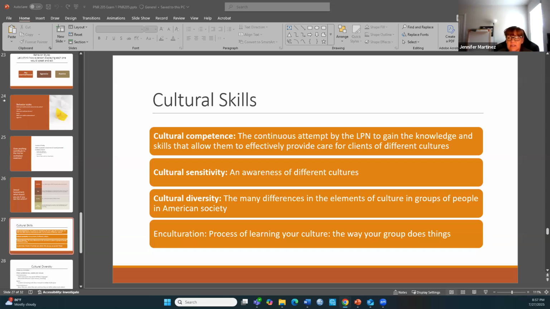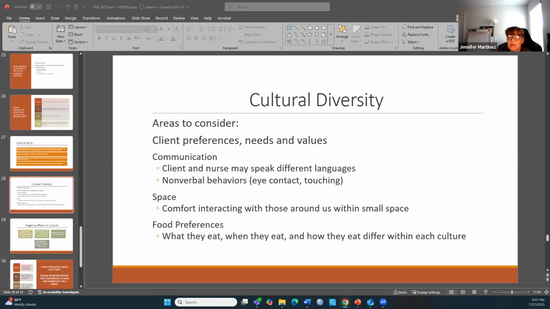Cultural diversity is the differences in the elements of culture and groups of people. And we know that we are very culturally diverse here in the United States. Enculturation is the process of learning your culture, the way your group does things.